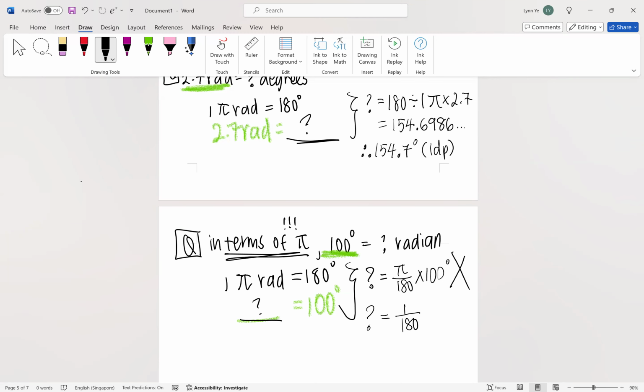What? Times, yes. Times what? 100. This is correct. Then put it in your calculator. And what's the answer? 5/9.